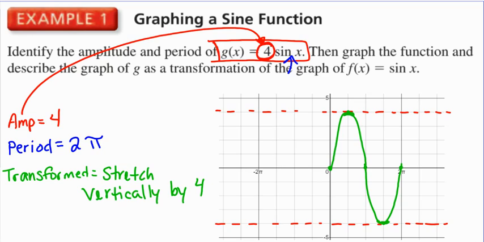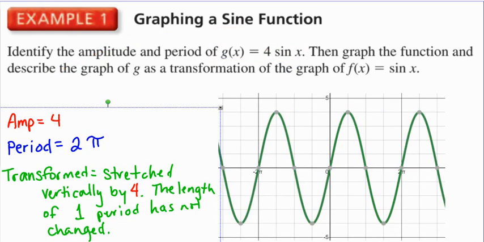Okay, so let's look at that on a graph that's been graphed by a computer. And you can see that we have this right here. We're going from 0, 0 up to a maximum height of 4, back down to 0, to a minimum, the bottom is negative 4, and back to 0. Okay, so we've stretched it vertically by 4. The length of one period has not changed.